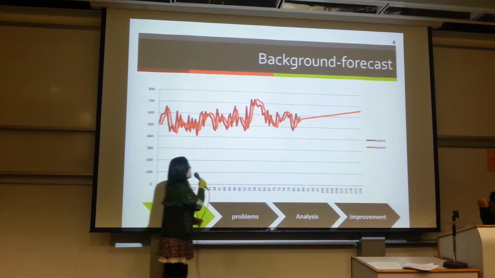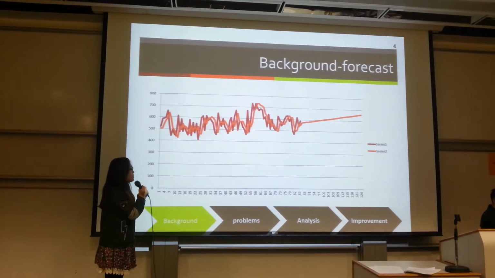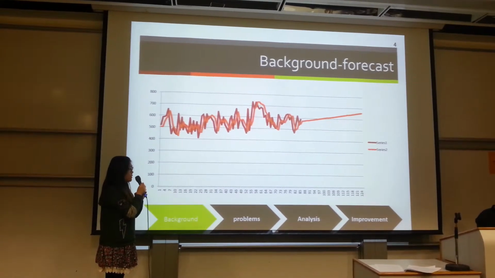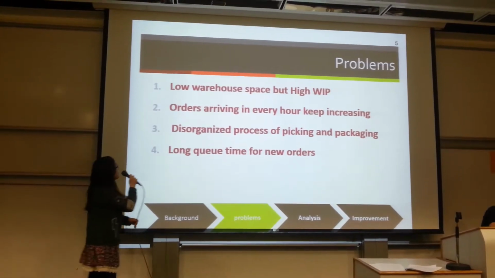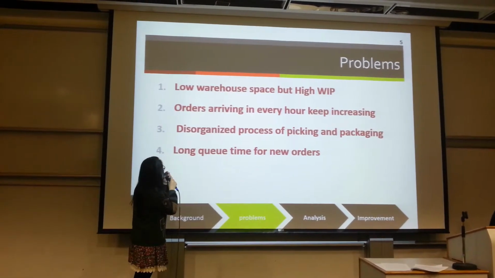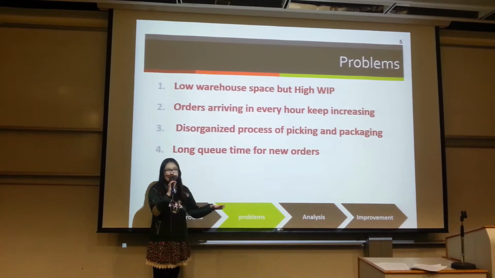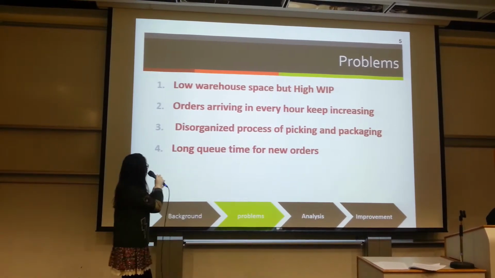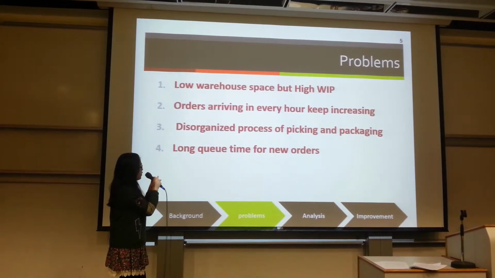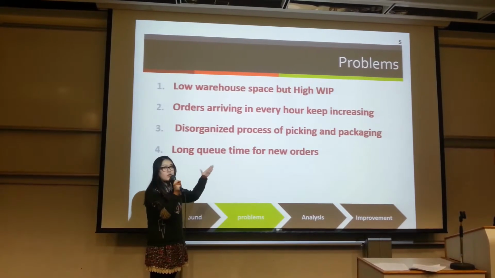After that, we found some problems. The first is the low warehouse space but high WIP, because the products increase from 300 to 500, and the orders arriving every hour keep increasing. We see in that graph it is a little bit increasing.